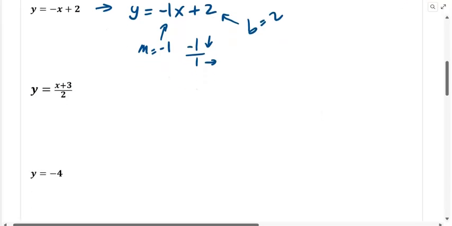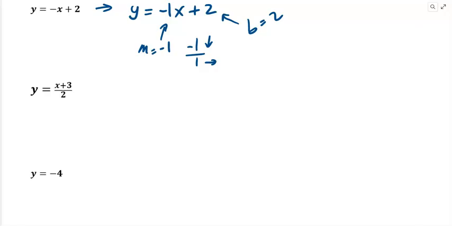This next one, y equals x plus 3 over 2. All right, let's take a minute and rearrange this one so it is in slope-intercept form.